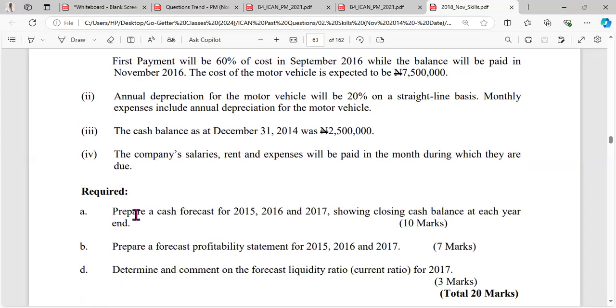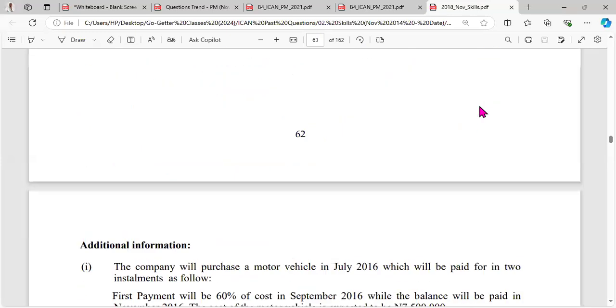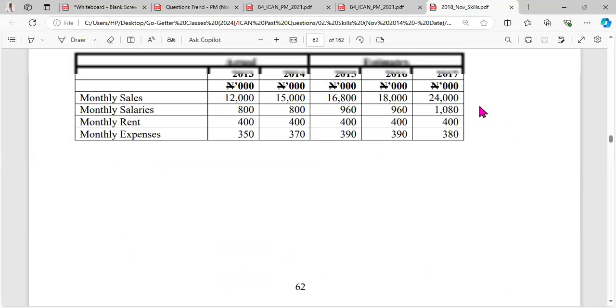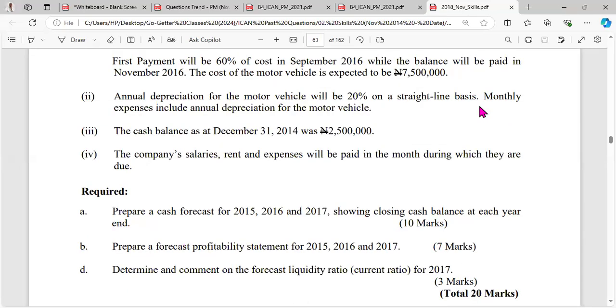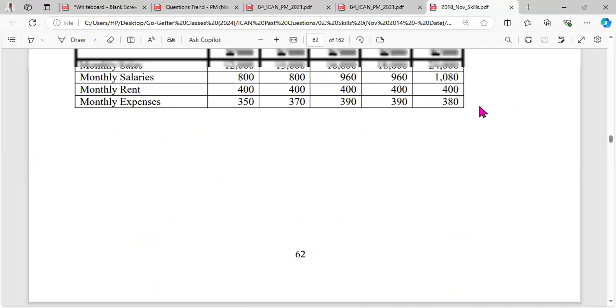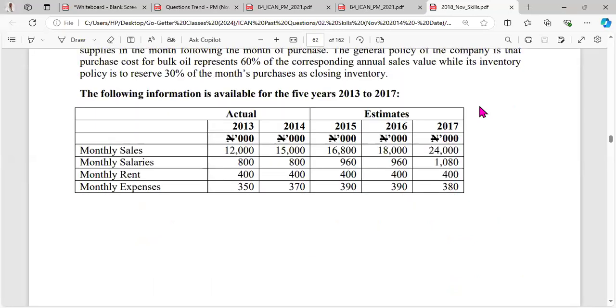We are asked to prepare a cash forecast for 2015, 16, and 17, showing closing cash balance at each year end. We want to do a cash forecast.